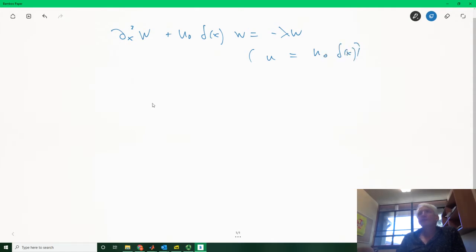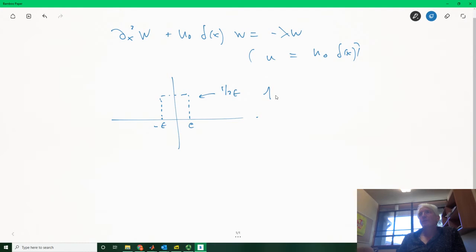So the delta function potential can be thought of as this limiting case here. We can have a well, remember that going up corresponds to trapping. So we have one that goes from minus epsilon to epsilon, and we want the area to be equal to 1. So we assume that the height here is 1 over 2 epsilon.